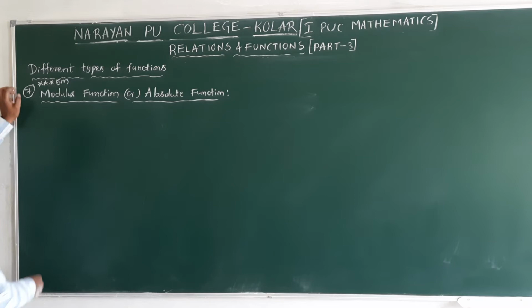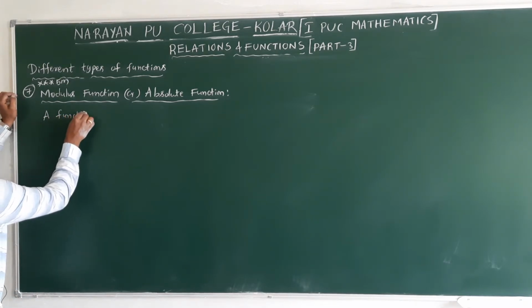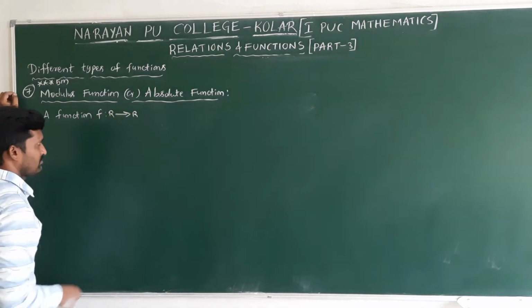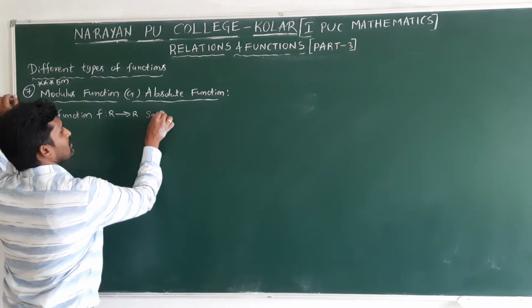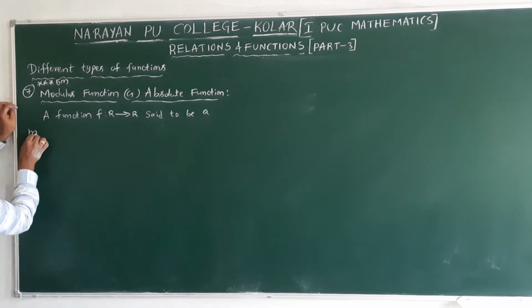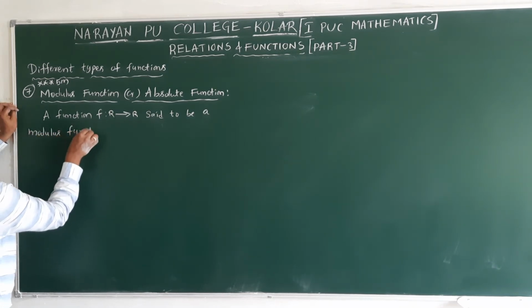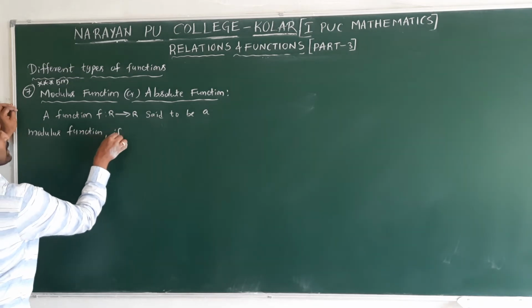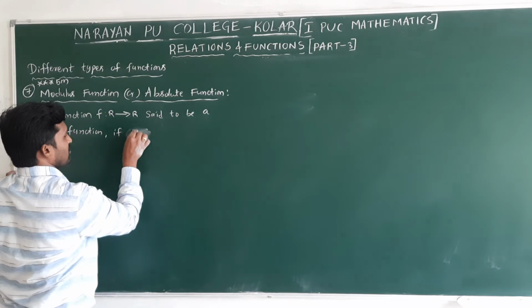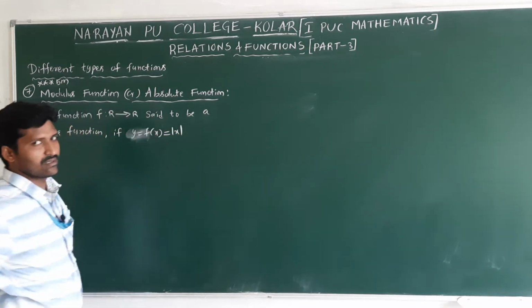Okay, coming to modulus function, how to define it: a function f maps R to R is said to be a modulus function if f of x equal to, or y is equal to f of x equal to mod x.